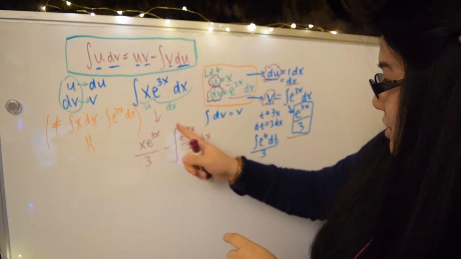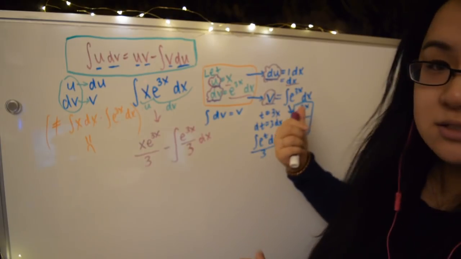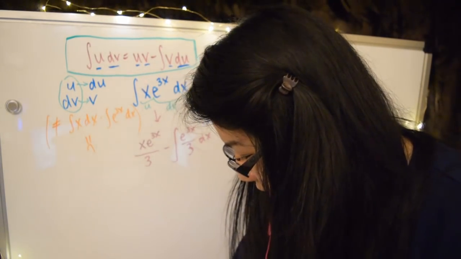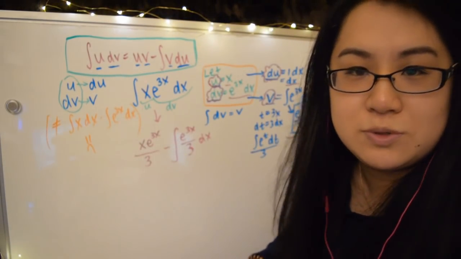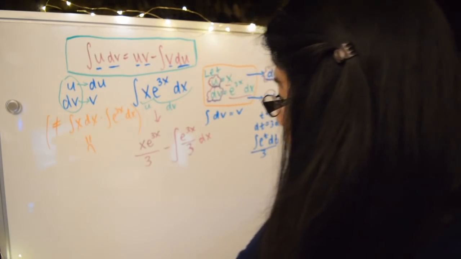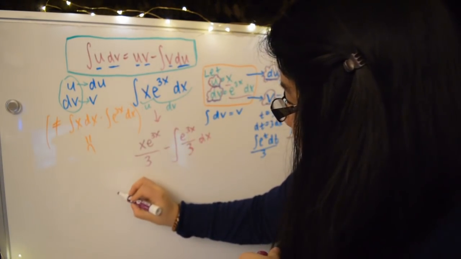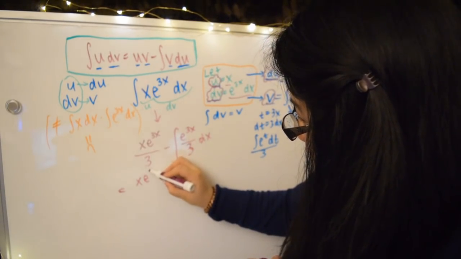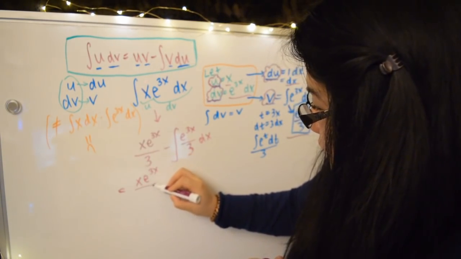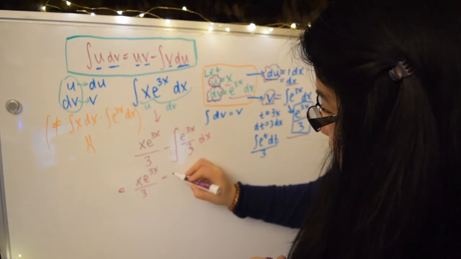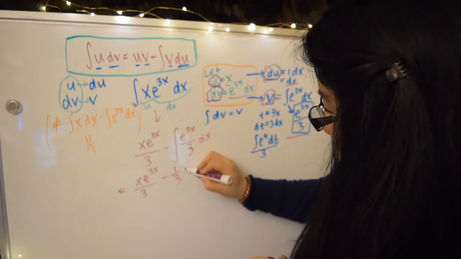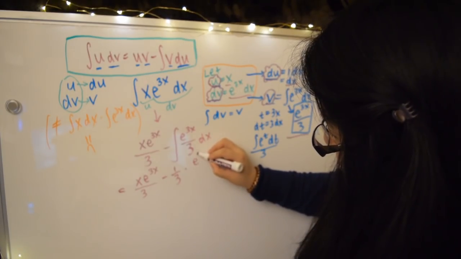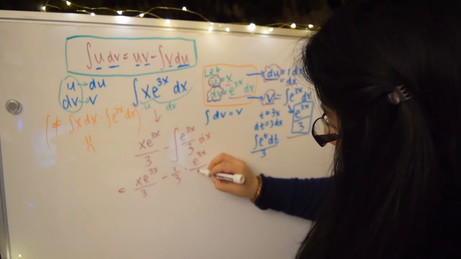Again, we're basically taking the integral of e to the 3x another time, which we already just did, with the third, which we can pull out. So our answer would then be x e to the 3x over 3 minus 1/3 times e to the 3x over 3.